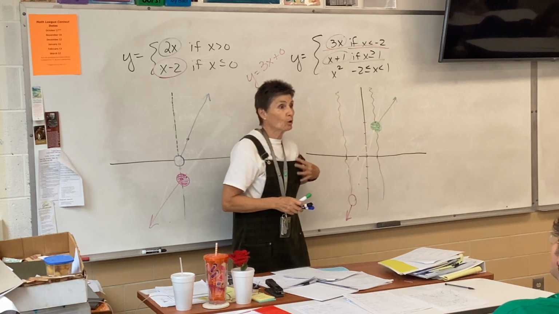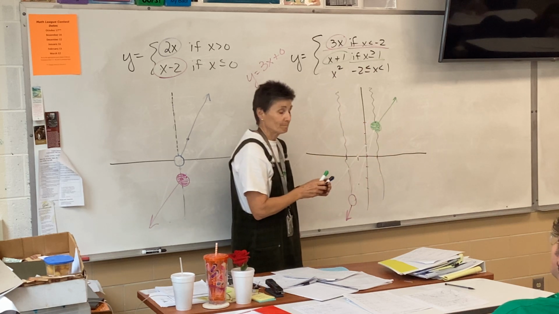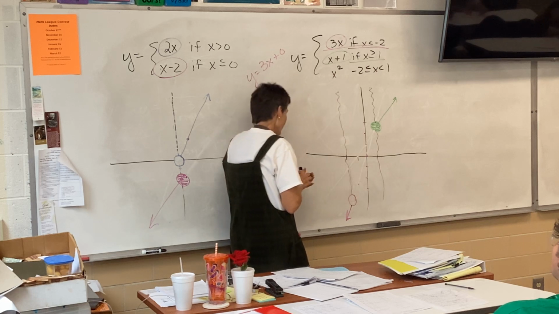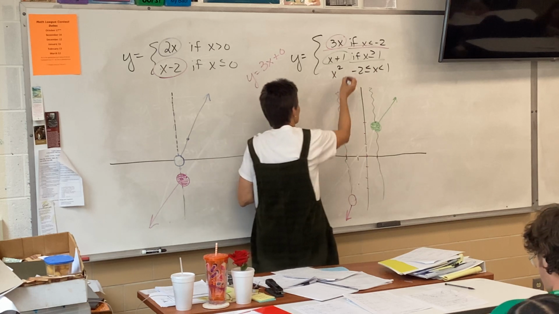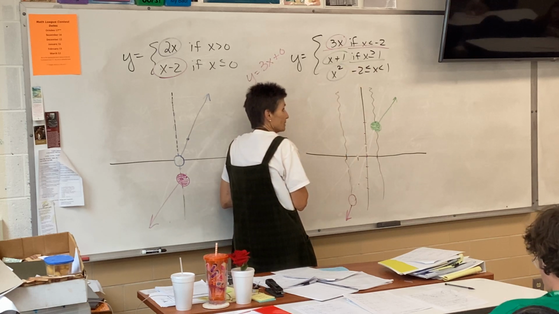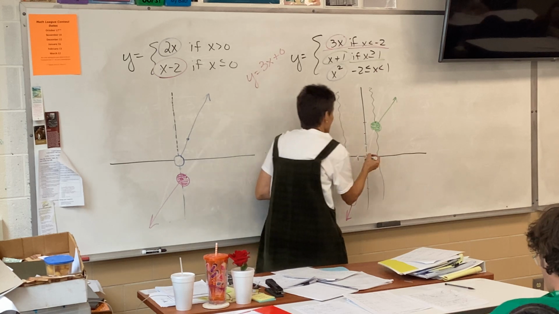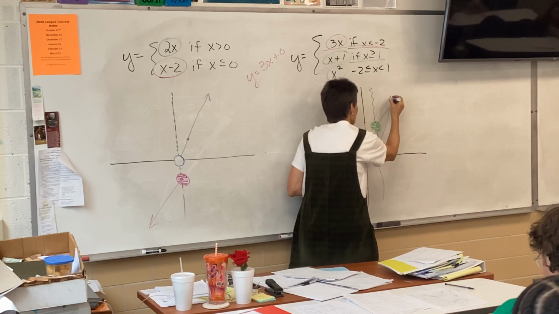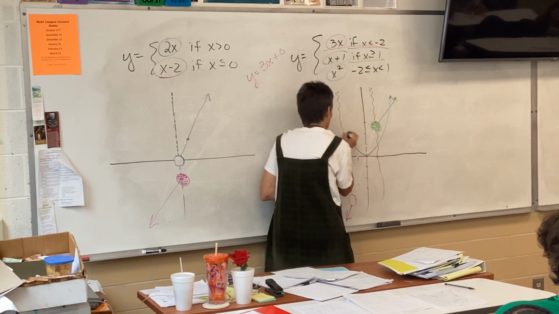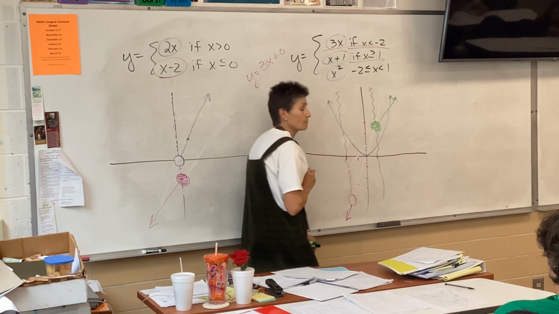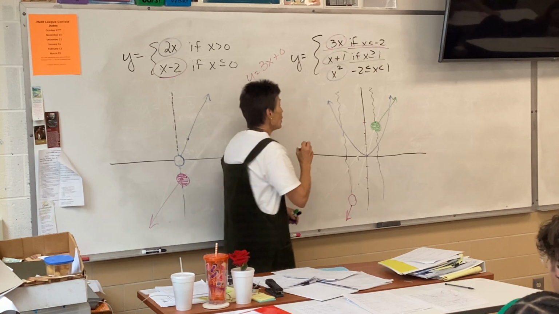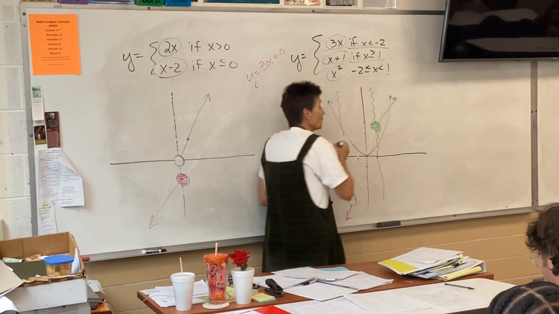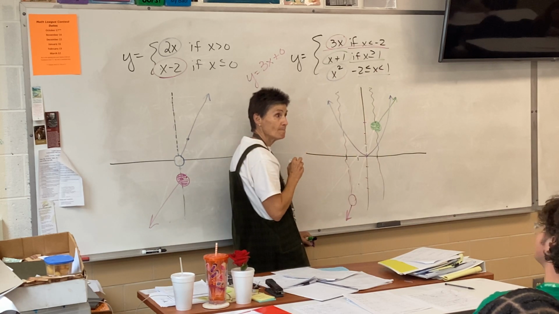So now we're gonna work on the middle. All right, so what have we got in the middle? A parabola. Its vertex is at the origin and it opens up. Now notice, we care about both lines this time.